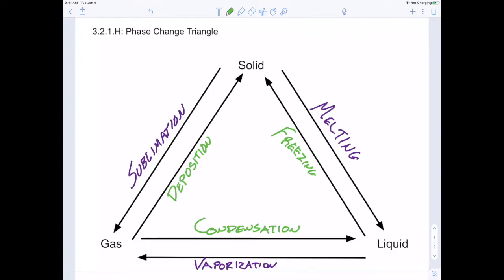When snow happens, you have gaseous water, or water in its vapor form, and it goes straight from its vapor form to its solid form, and that's how snow comes to be and then falls. So if you're talking about snow forming, that is an example of deposition.